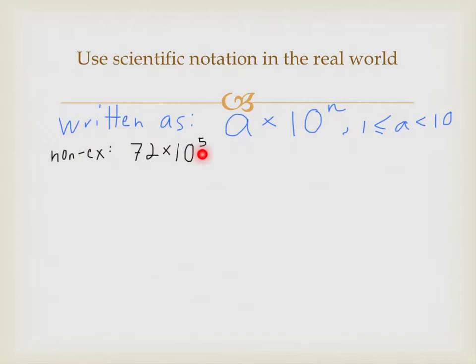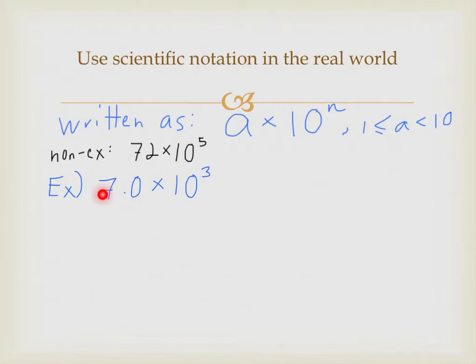Here are some examples of scientific notation. What we're going to do is convert them from scientific notation to just regular old numbers. Okay, so let's say I had 7.0 times 10 to the third. This is an example of scientific notation because that A, that leading number, is between 1 and 10, and it could be 1, but it is certainly less than 10.